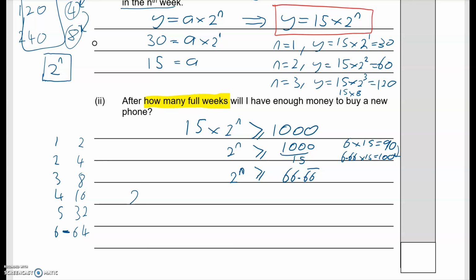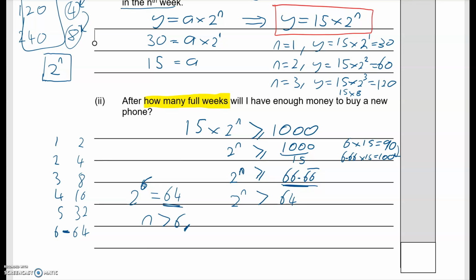So 2 to the power of 6 equals 64. But 64 is not bigger than 66. So 6 weeks won't be enough. We need 2 to the power of n to be greater than 64, so n has to be greater than 6.